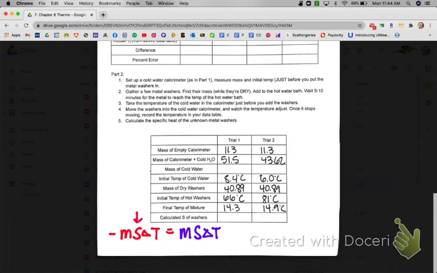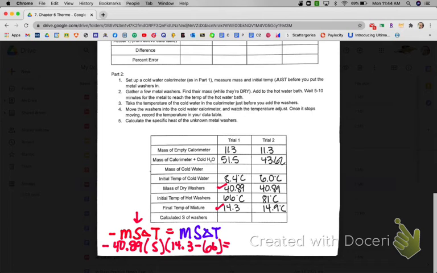So we're looking for that. You know the mass of your washers, 40.89. You're going to solve for S. You know the temperature final for both, 14.3 minus 66 equals, now we're moving on to the water side.